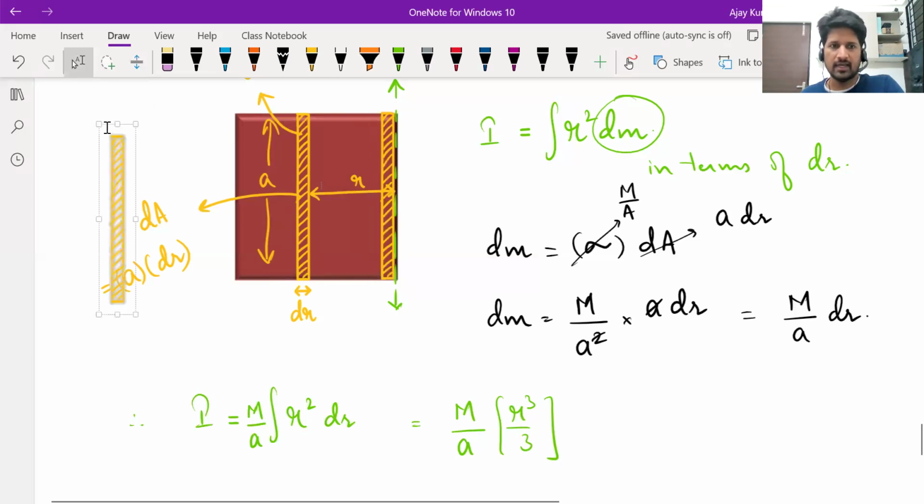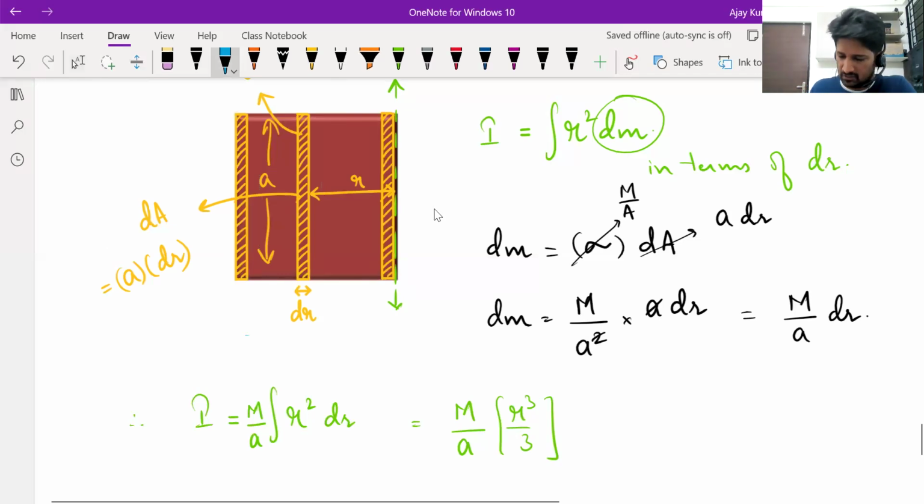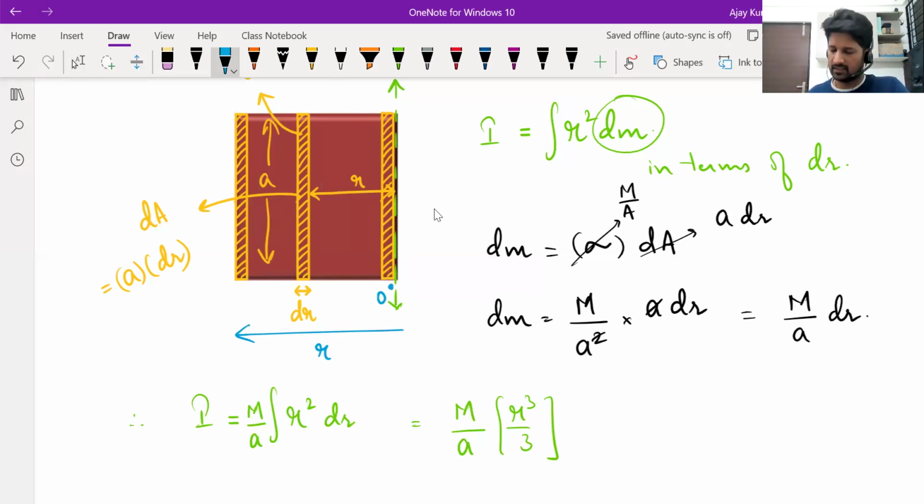And the last rectangular element that you take will be like this, which is at a distance of a from the axis, the side of the square. Sorry, I made a mistake. So the limits will be from 0 to a. That's all. Now you substitute. It becomes m by a into a cube by 3, which is effectively m a square by 3.